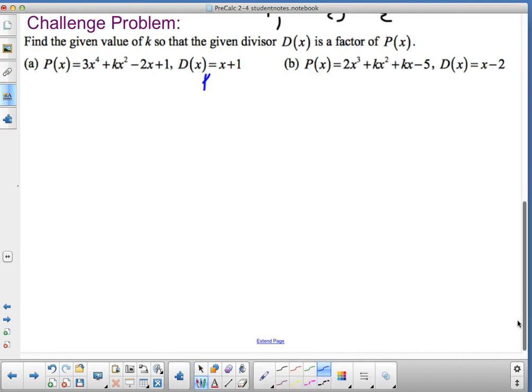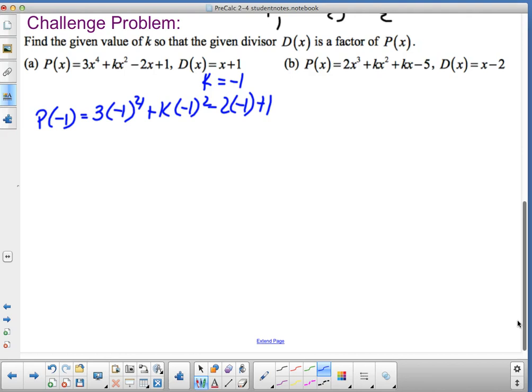So if I use remainder theorem, k is negative 1, right? You okay with this? I'm going to plug in my value of -1 for x. Now when I have remainder theorem and it is actually a factor, what is the remainder?